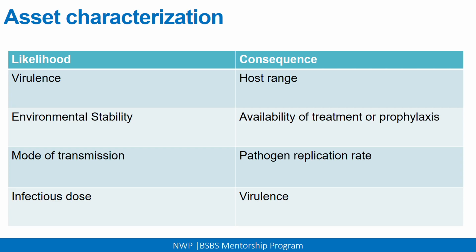So there are certain attributes, certain factors, or certain characteristics about the assets that will make them valuable. So what are these characteristics that will make a biological agent an asset and others not really be assets?